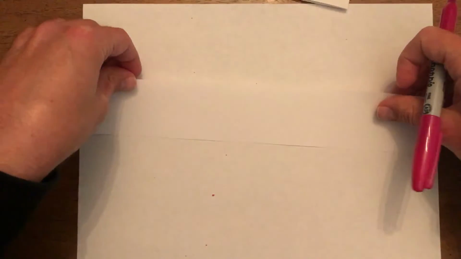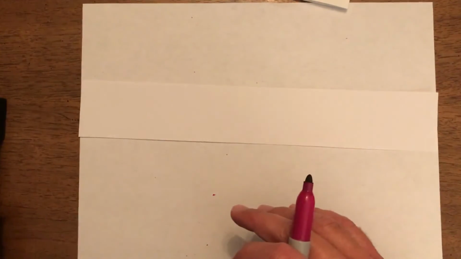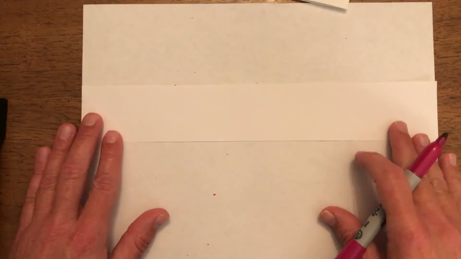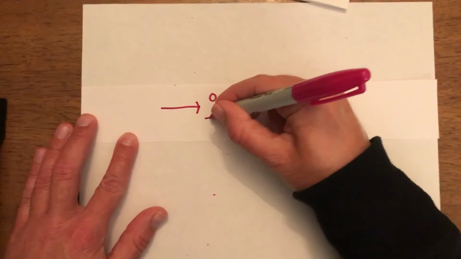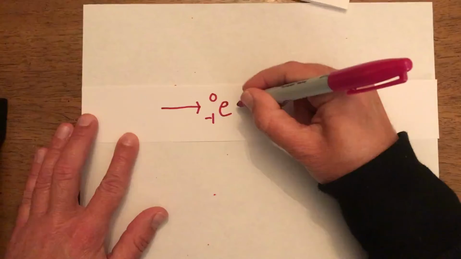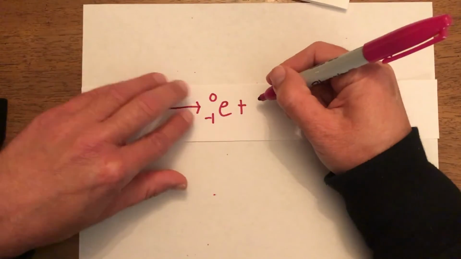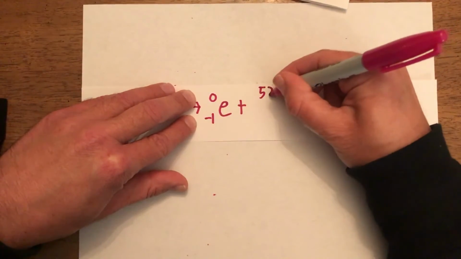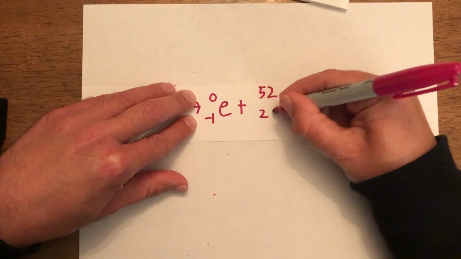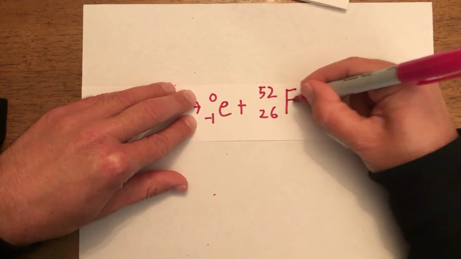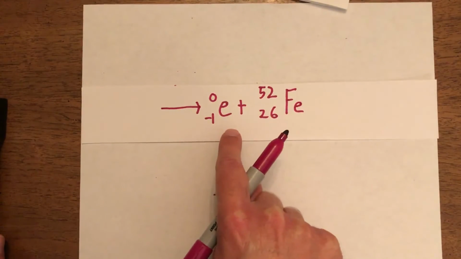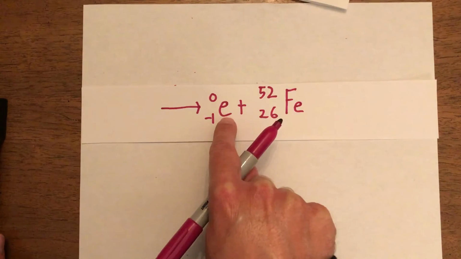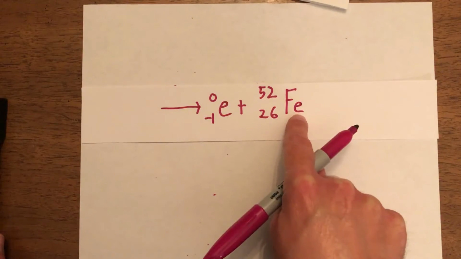So let's do one. Let's say they told us everything we had in the end and asked us what we had in the beginning. So they told us that we had some type of beta decay here, and that what we were left over with was a mass number 52 and atomic number 26, which is iron. So what could have given us a beta decay that winds up with iron?